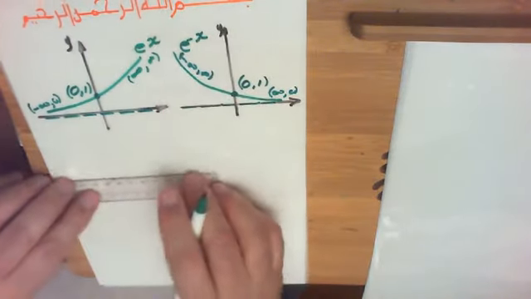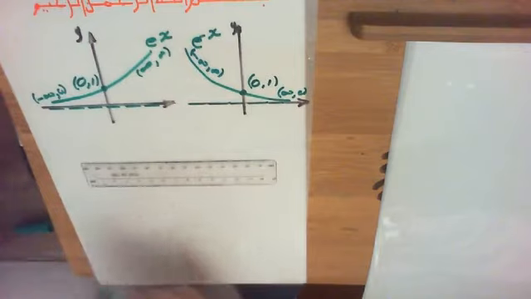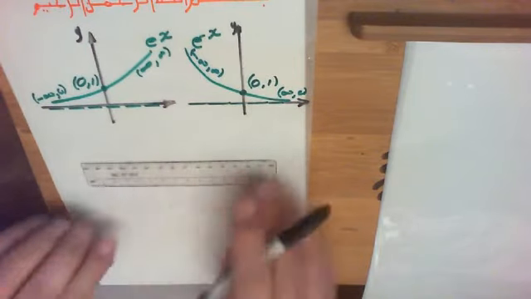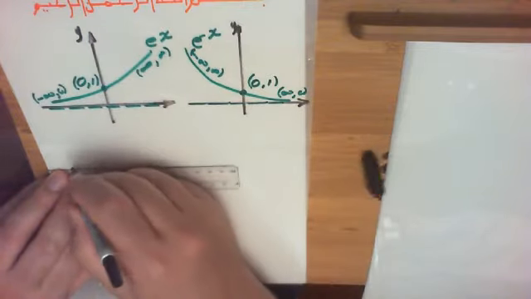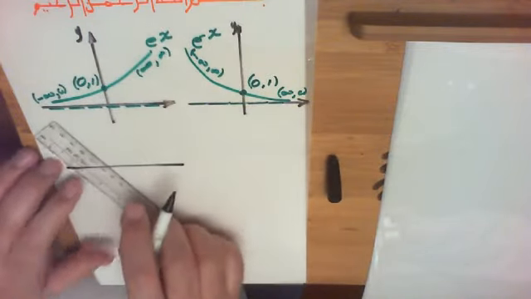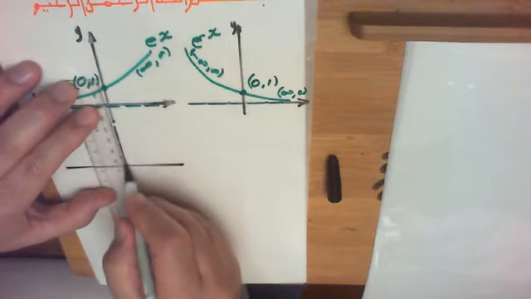Okay? And generally, a to x is the same form as the previous ones.